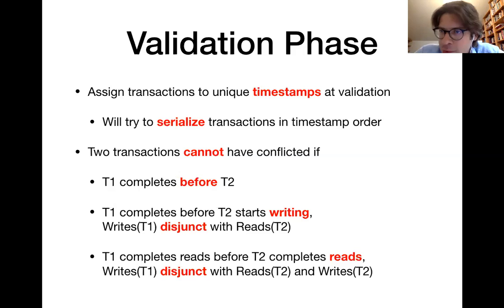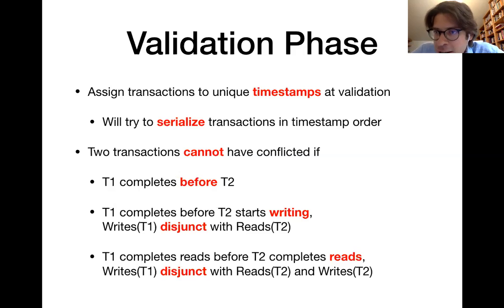with those timestamps. During the validation, we essentially check a sufficient condition in order to make sure that no bad conflicts between transactions have appeared. Now, we can be sure that there was no bad conflict between two transactions, for instance, if the first transaction has entirely completed before the second transaction.